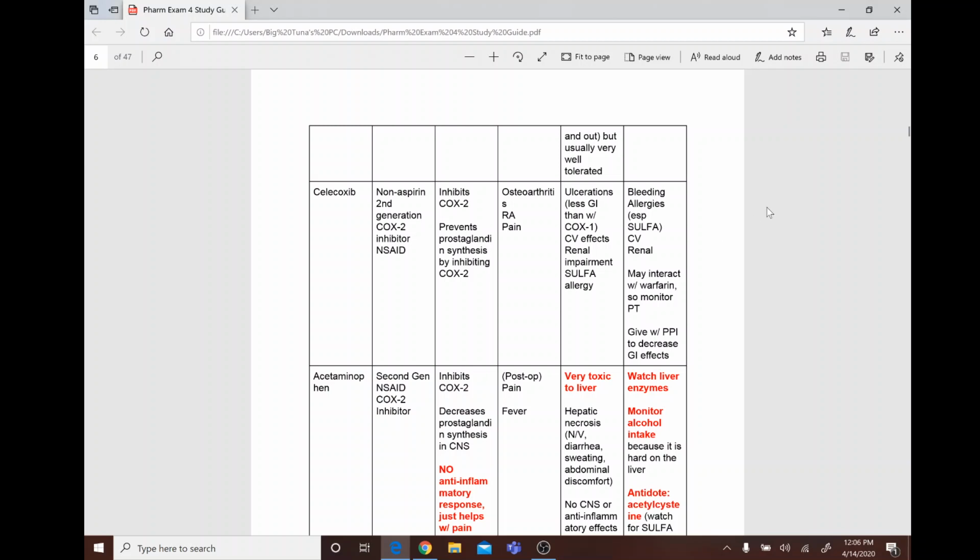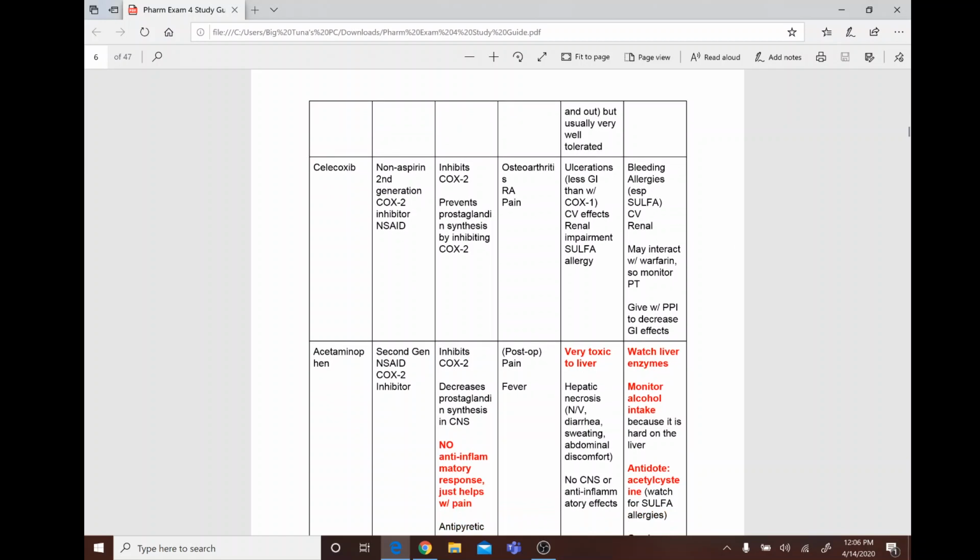What is Celecoxib used for? Osteoarthritis, RA, and pain. What are the side and adverse effects of Celecoxib? Ulceration, CV effects, renal impairment, and sulfur allergy.